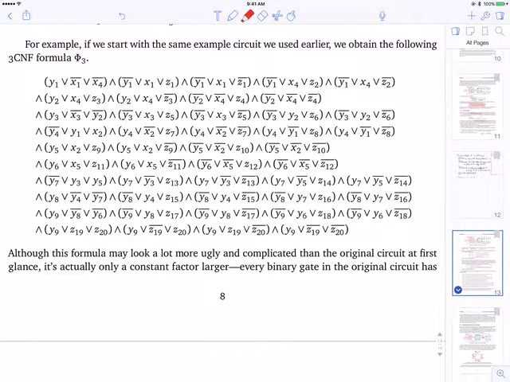And so now, if I can figure out whether this formula is satisfiable in polynomial time, that would tell me whether the original circuit is satisfiable in polynomial time, which is impossible because circuit SAT is NP-hard. So the only conclusion I can draw is it's not possible to decide whether a formula that looks like this is satisfiable in polynomial time, even though the formula has this very, very simple structure.